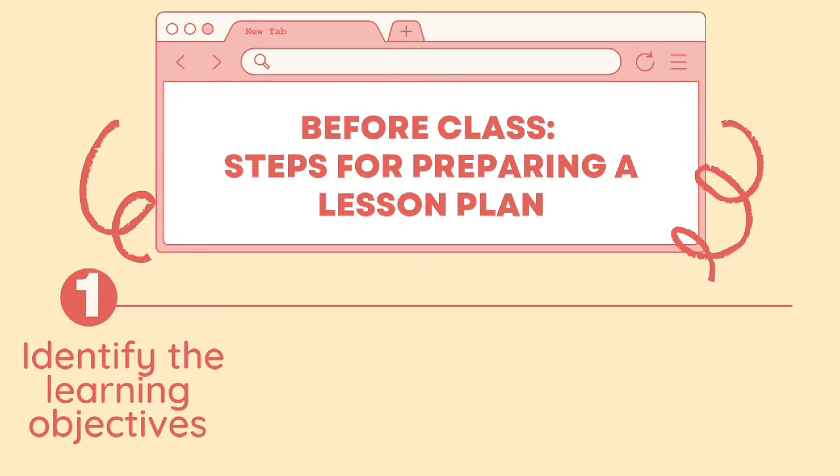Before you plan your lesson, you will first need to identify the learning objectives for the lesson. A learning objective describes what the learner will know or be able to do after the learning experience rather than what the learner will be exposed to during the instruction.